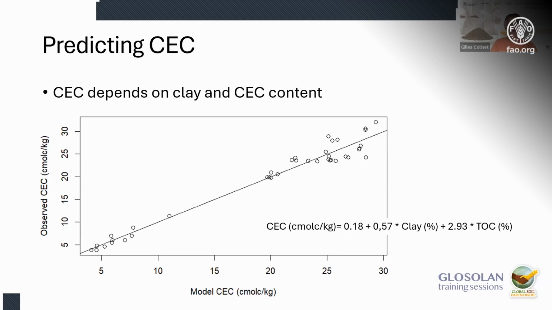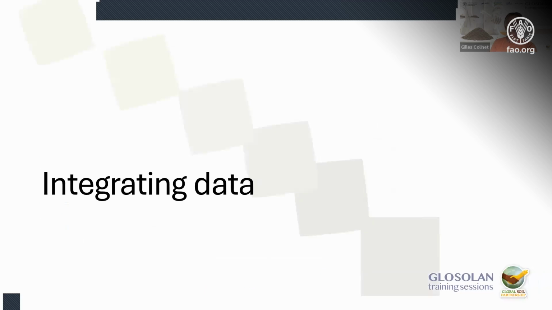And so if you have to choose among properties and you don't want to measure the cationic exchange capacity, you could maybe have a prediction based on the organic matter and the clay if needed. So that was the part related to cationic exchange capacity.